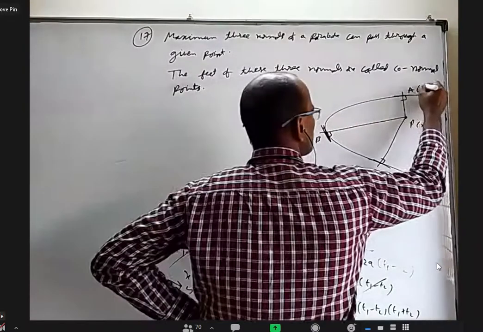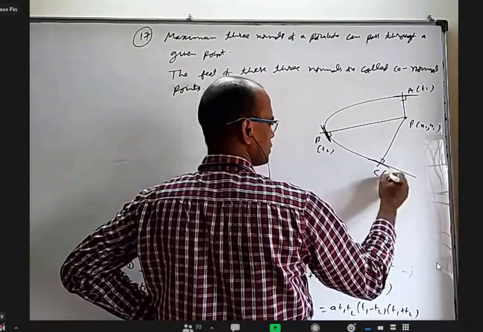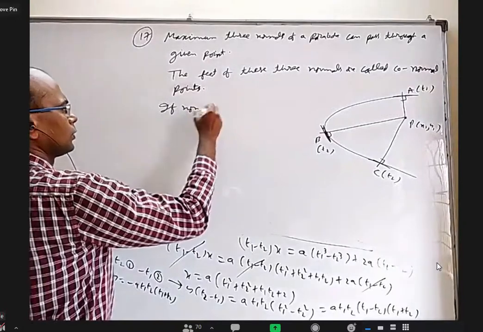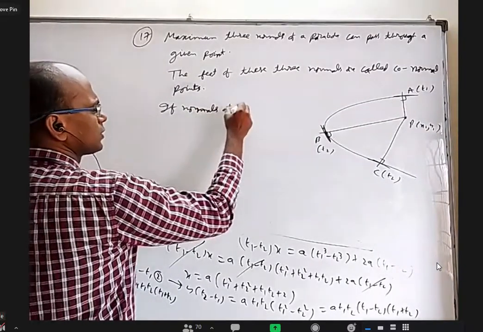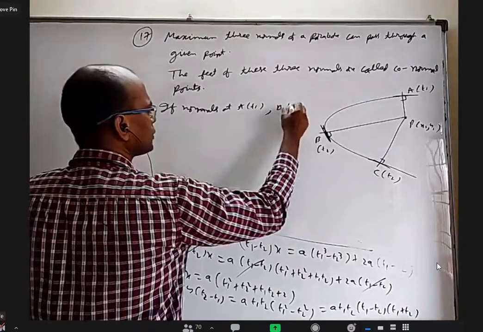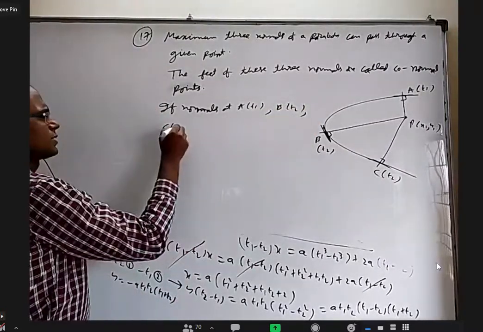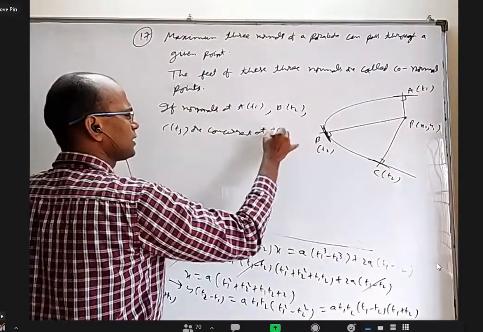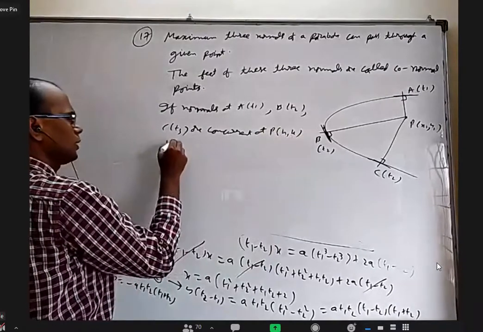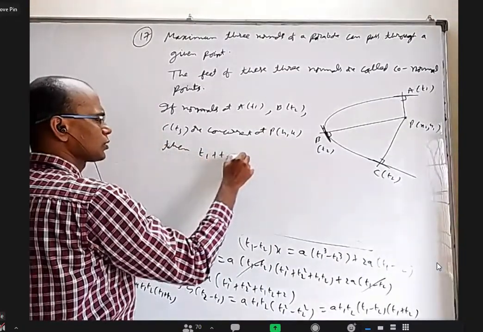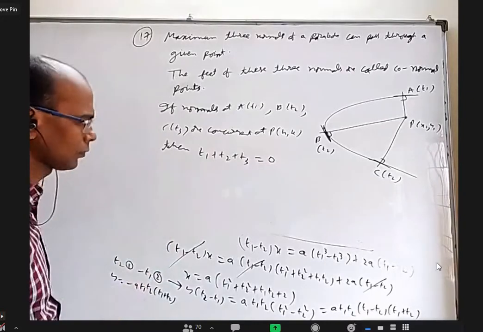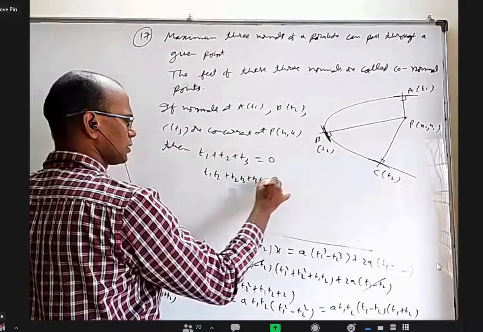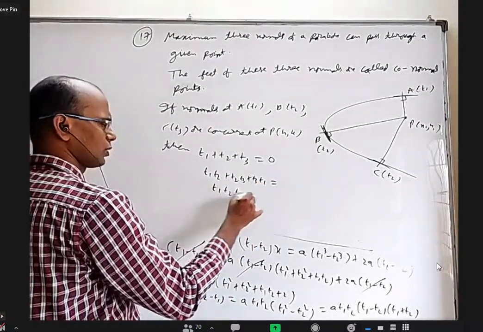I will take A as t1, B as t2, and C as t3. If normals at A(t1), B(t2), C(t3) are concurrent at P(h, k), then t1 plus t2 plus t3 equals 0. t1 t2 plus t2 t3 plus t3 t1, we'll write that. t1 t2 t3 also we'll write.